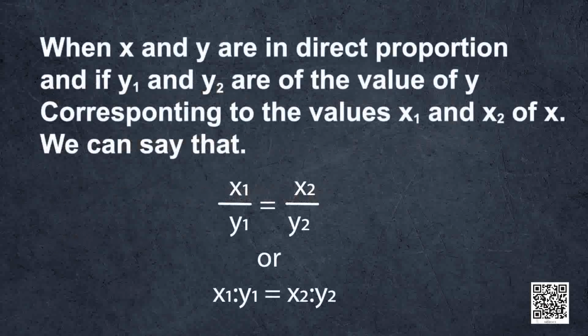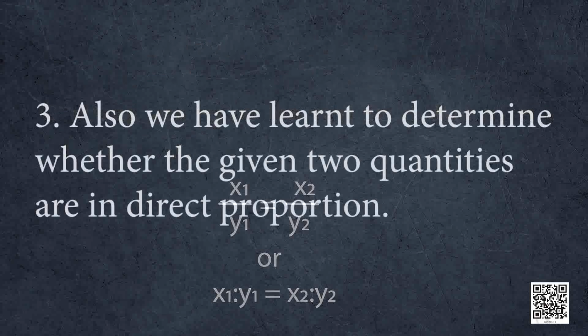Also, we have seen that if two variables x and y are in direct proportion and if y1 and y2 are the values of y corresponding to the values x1 and x2 of x, we can say that x1 by y1 is equal to x2 by y2, or it can be written as x1 is to y1 is equal to x2 is to y2.